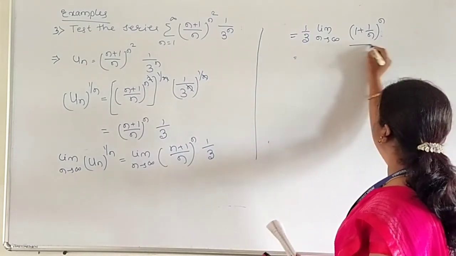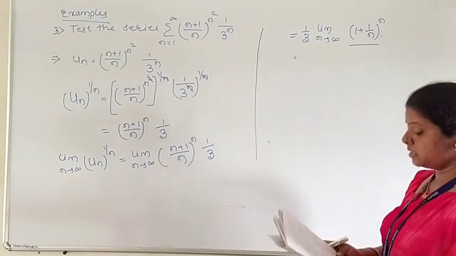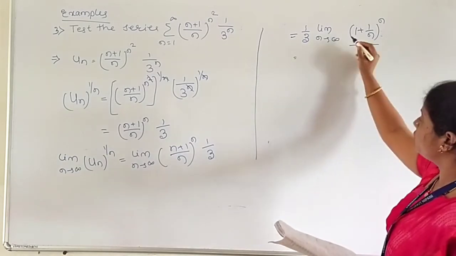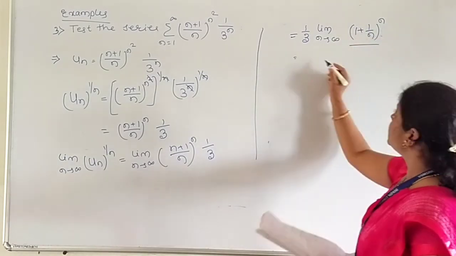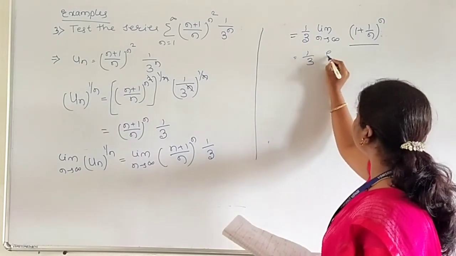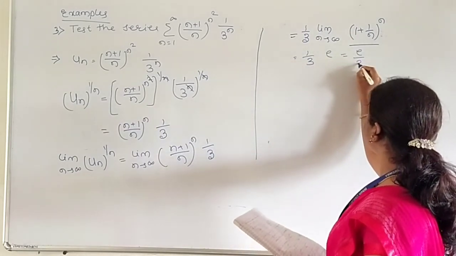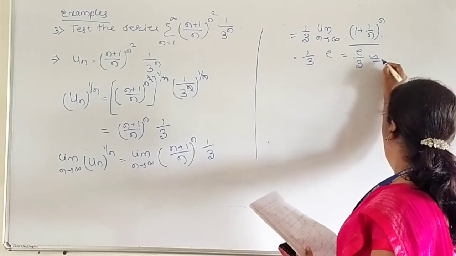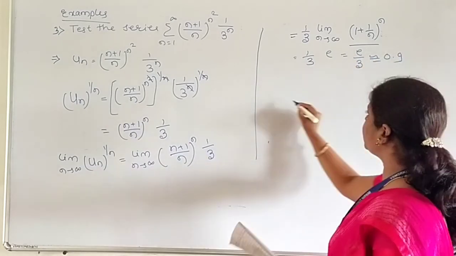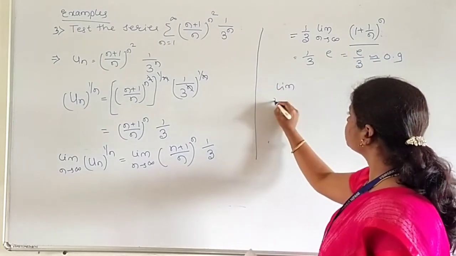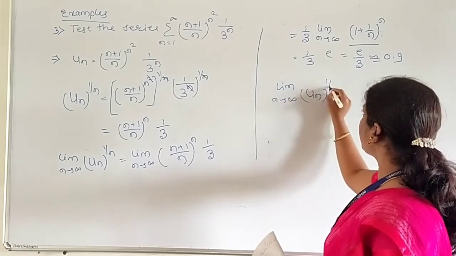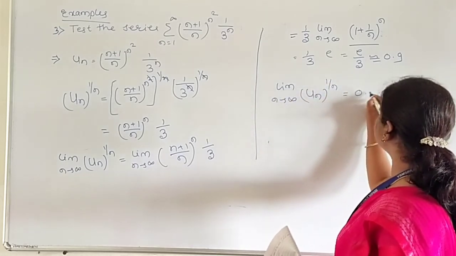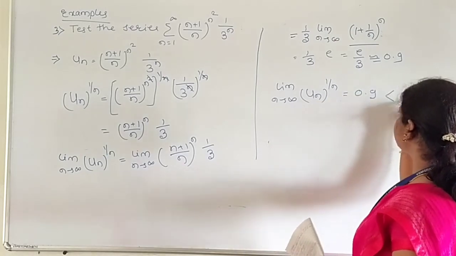Now by the standard limit, limit as n tends to infinity of (1 plus 1 by n) to the power n is nothing but e, which means e divided by 3. That value becomes 0.9. So limit as n tends to infinity, un to the power 1 by n is equal to 0.9, which is less than 1.